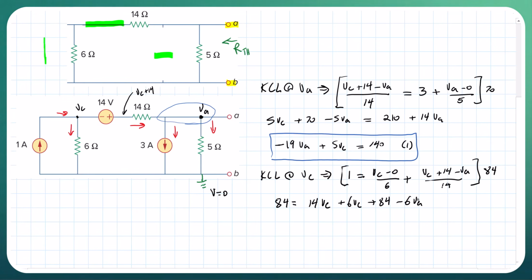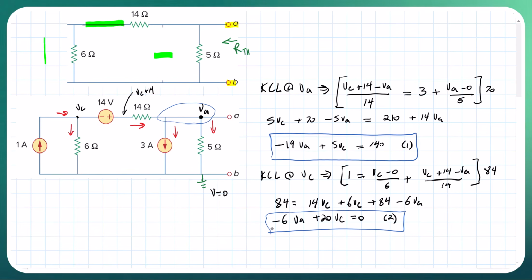Okay, and then we rewrite this and we get minus 6 VA plus 20 VC equals 0, and this will be our second equation, and we can solve for simultaneous equations there.